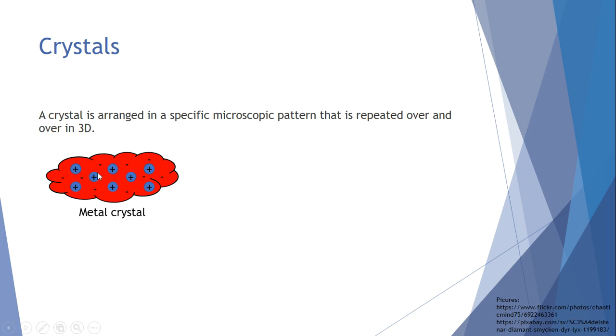The cations are going to be ordered in a systematic manner, like this, with electrons between them, and this fulfills the criterion for being called a crystal. Same goes for the salt crystal of, for example, a lithium salt. We see a regularity of how it's changed. We see a microscopic pattern that's repeated over and over again.